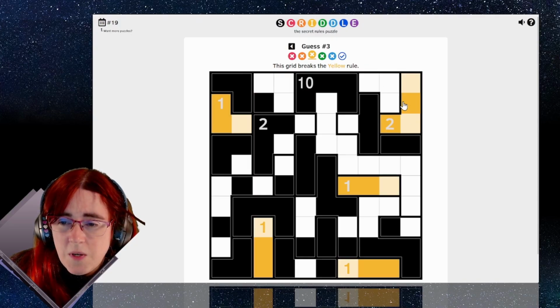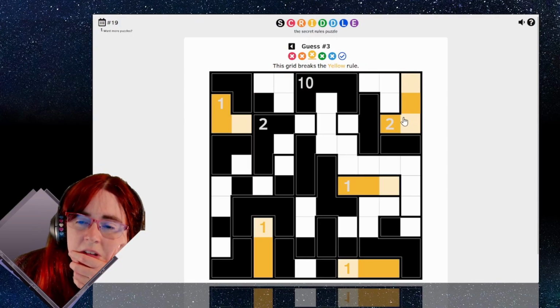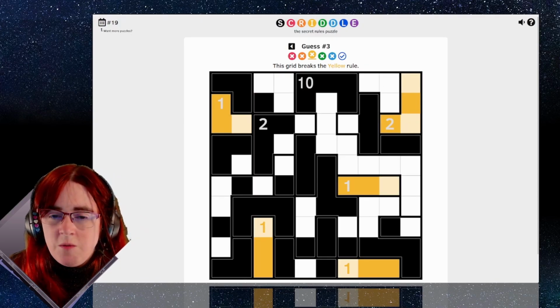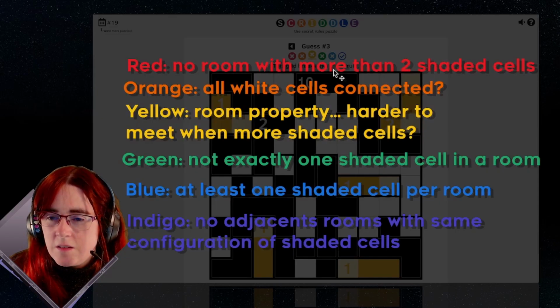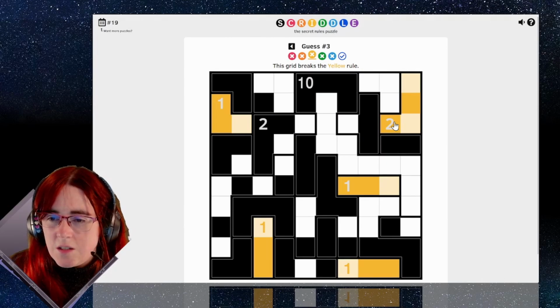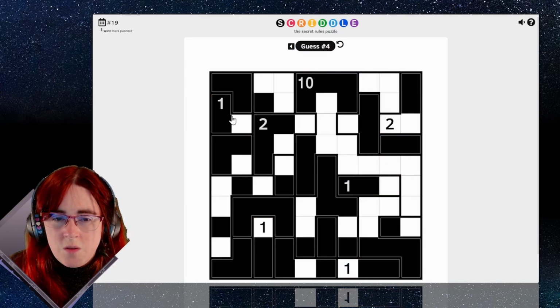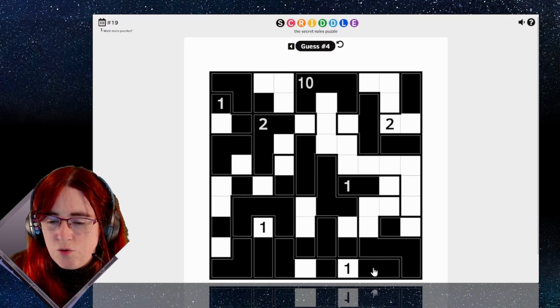Yeah, so my hypothesis. Right, so what we're looking at? Alright, yeah, we need to get all of the white cells connected. Okay, so maybe we do this. So we think every room has to have 2.